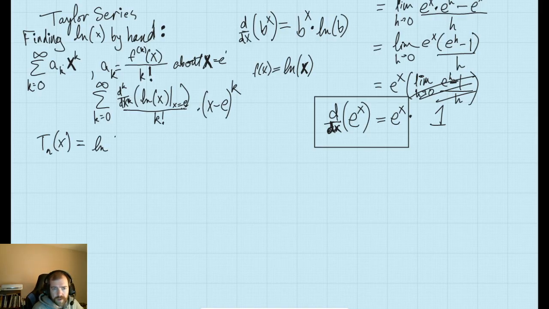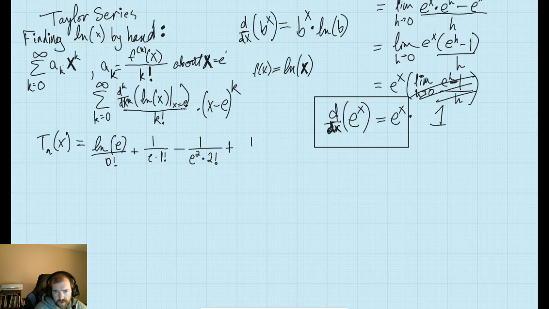Alright, the zeroth derivative is going to take this as natural log of e over 0 factorial, which is going to be 1. Okay, plus the first derivative of natural log is going to be 1 over x. x is e, and then we multiply that by 1 factorial, which is just 1. Plus, then we take the derivative of 1 over x, and we get negative 1 over x squared, so that's e squared, times 2 factorial.